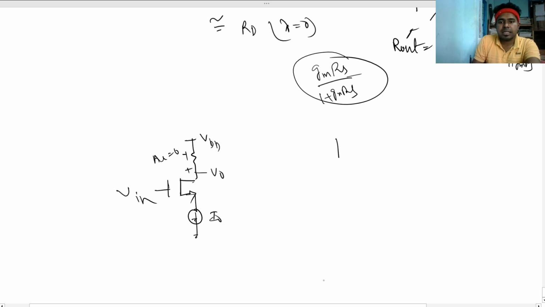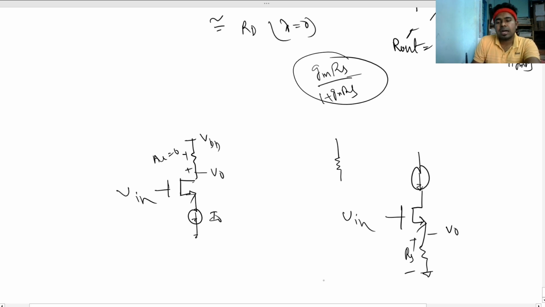And another circuit will look like this. So these two questions are very important. Again the same concept: a constant DC drop is happening across RS.